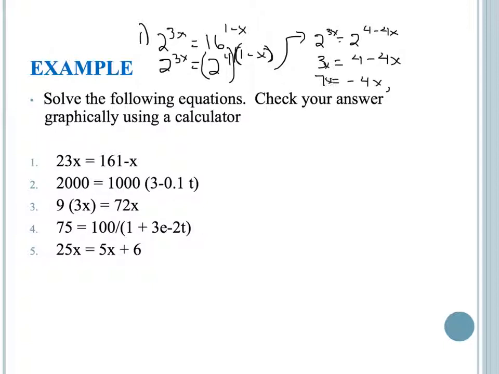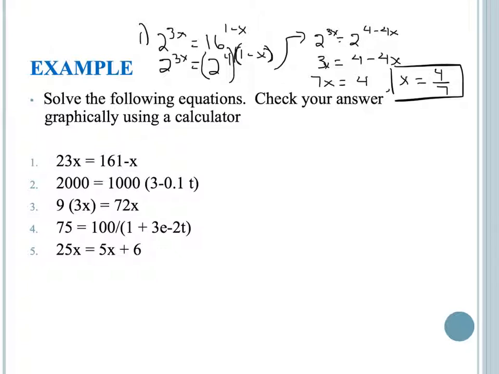So let's try collecting like terms together. Okay, so this time I will add the 4x, so I'll have 7x over there equals 4. So x equals 4/7. There we go.